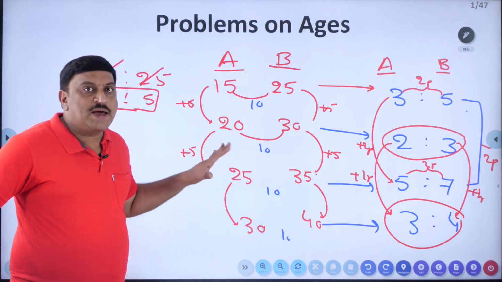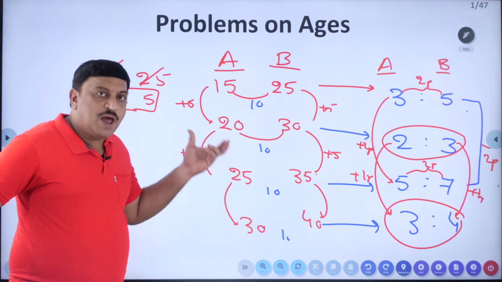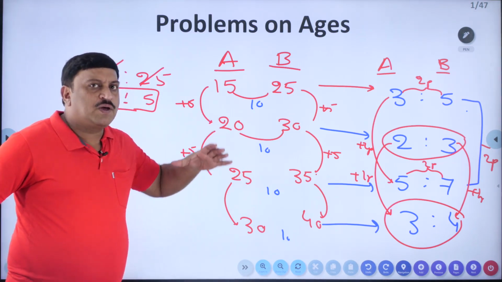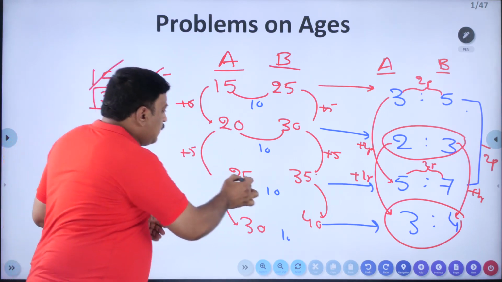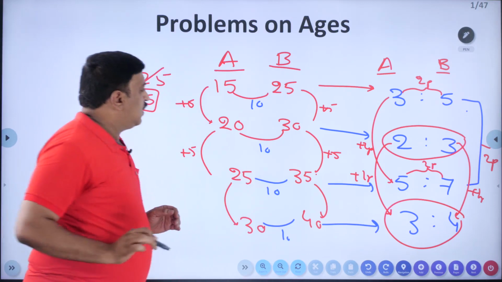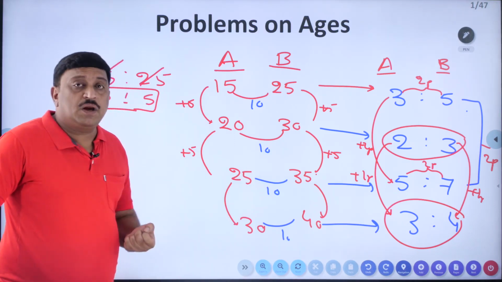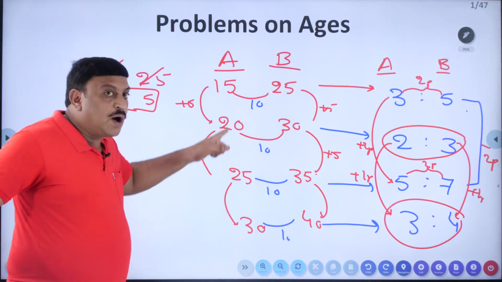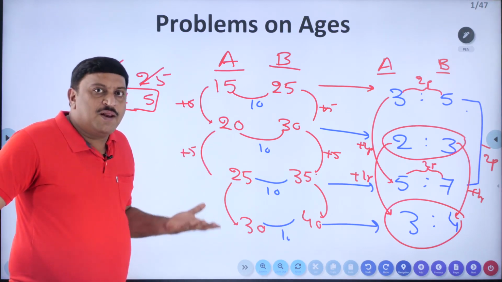If you compare any two persons in ages, there is some commonality, something systematic. The commonality is that the difference will always be stable.